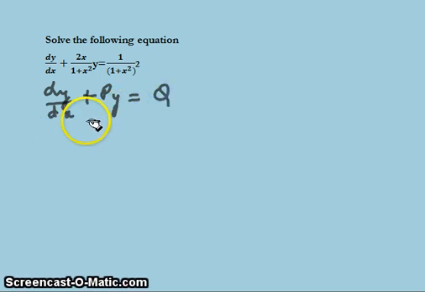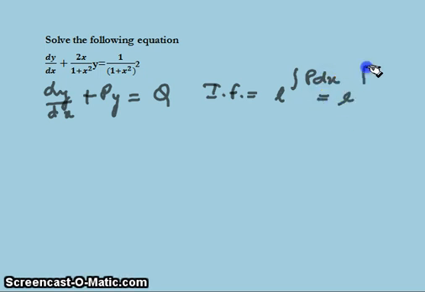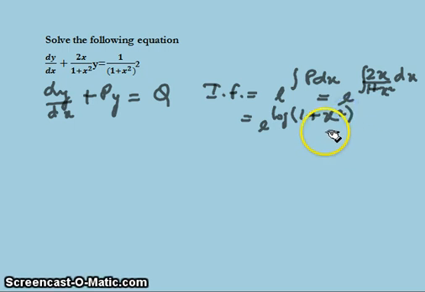Now, in order to solve this equation, first thing to be done is to find the integrating factor, which is e power integral of p dx, where p is 2x upon 1 plus x square. This gives us the value of integrating factor as e to power log of 1 plus x square, and thus the integrating factor is 1 plus x square.